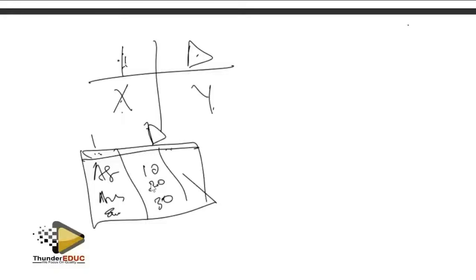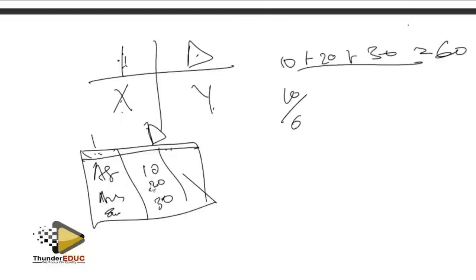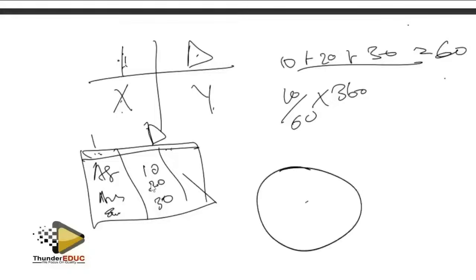Then, to put this on a pie chart, you have to say 10 plus 20 plus 30, so it gives me 60. That's the total. So to do this, I'll have to say 10 out of 60 times 360, because the pie chart is 360.